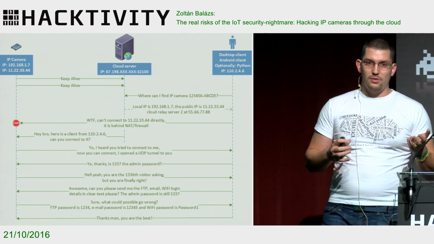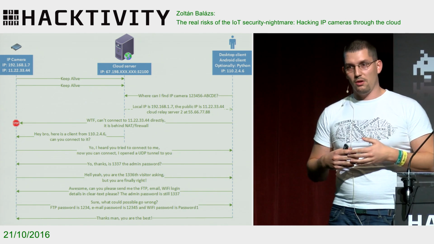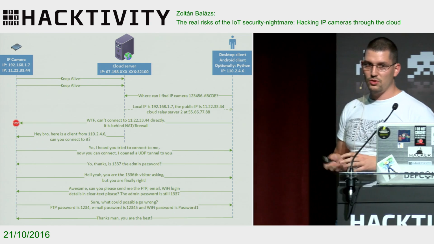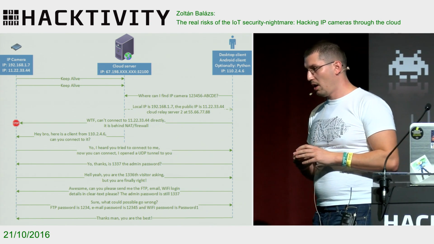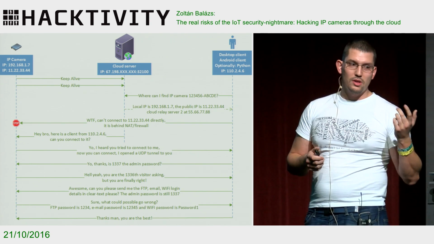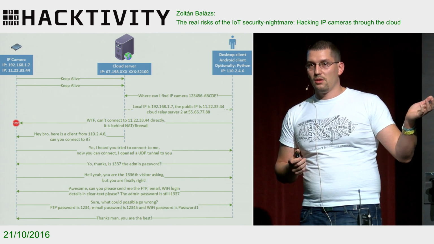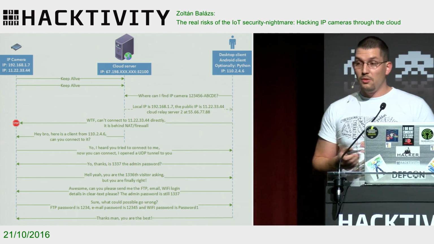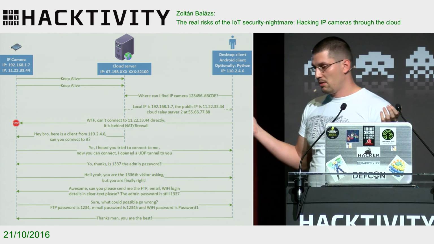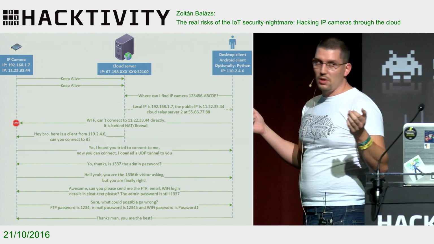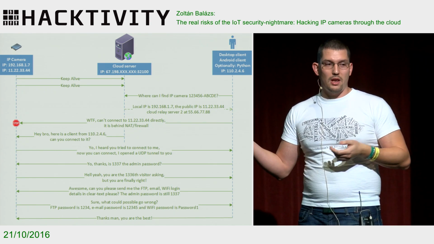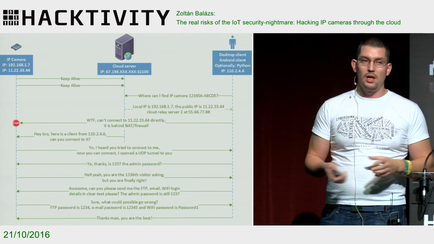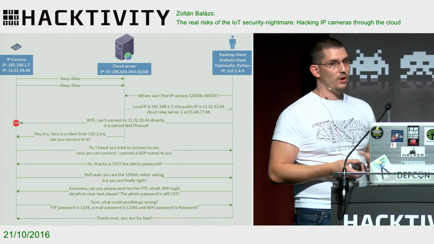From this point, I started to work on my own client, which is implemented in Python, and I have used a server for this. So for me, it was not an issue to get this packet. Now, I have a communication channel between the camera and my client. What's the next step? I should authenticate to this camera, right?